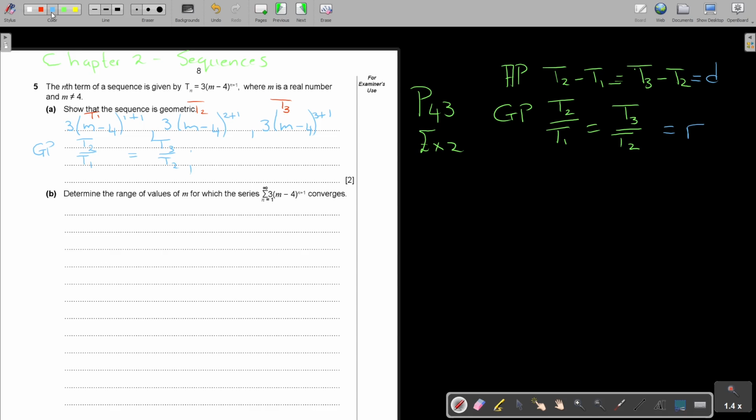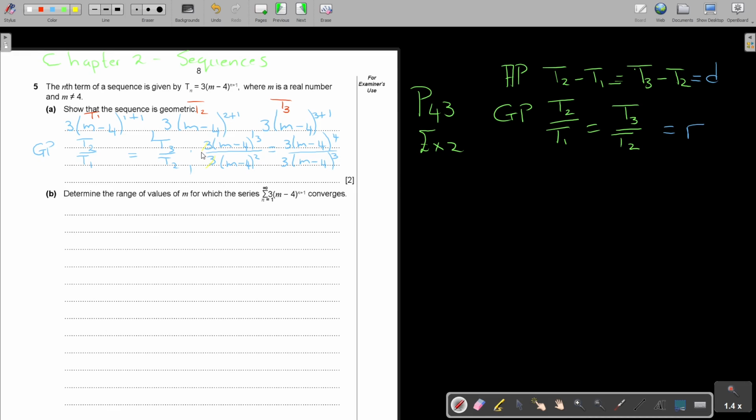So if I start with T2, it's going to be 3, m minus 4 to the power 3 over 3, T1, m minus 4 to the power 2. And that must be equal to 3, m minus 4 to the power 4 over 3, T2 now, m minus 4 to the power 3. Okay, and if I simplify this, I will see that the 3's will cancel.